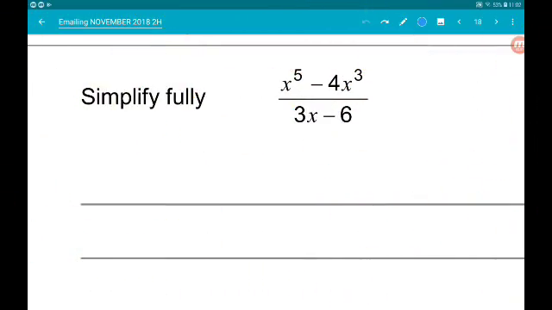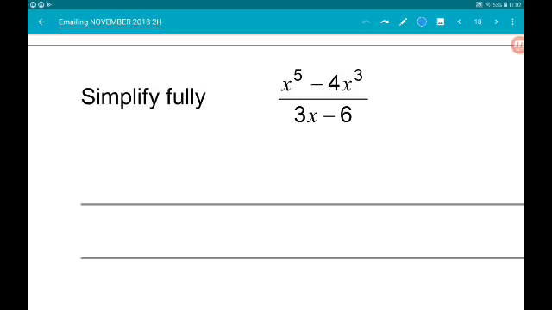Okay, 22. We want to simplify fully x to the 5 minus 4x cubed over 3x minus 6. Algebraic fractions, always a good time. My playlist is down below. So, the key to simplifying these is always to factorise.